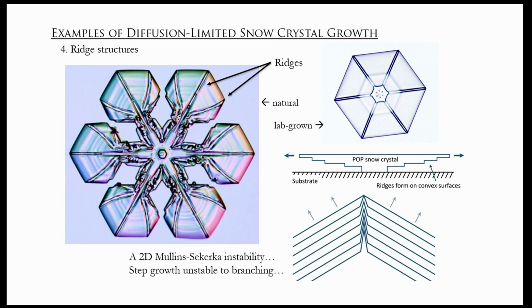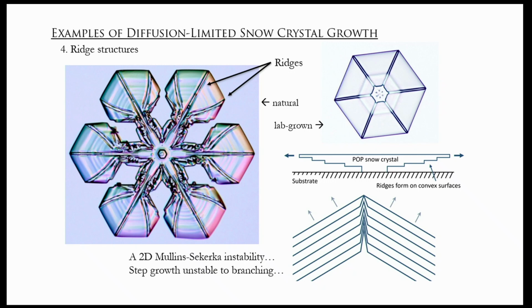The top surface is quite flat. The bottom surface is convex. And these ridges form on the convex surfaces. So if you flip this over and look down on that convex surface, these you can think of as the molecular steps, because there are steps here. And these are also unstable to the Mullins-Sekerka instability. And so the tip here sees a higher supersaturation, so the step grows out a little faster.